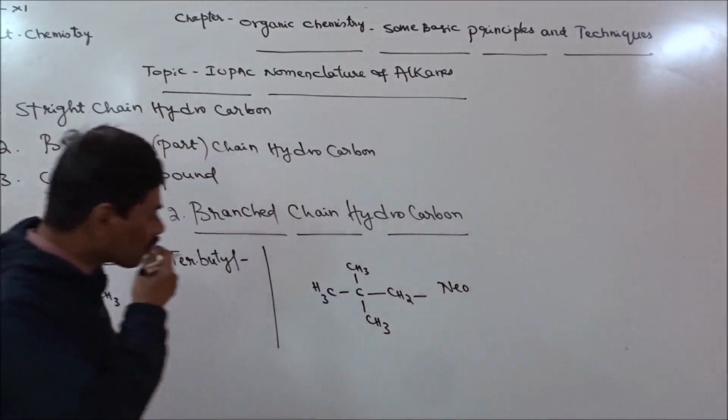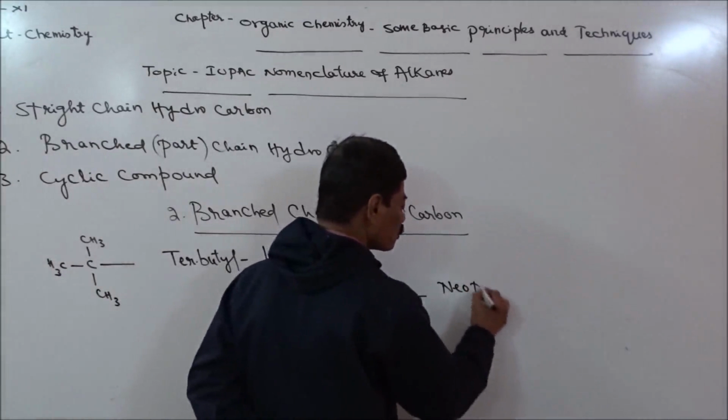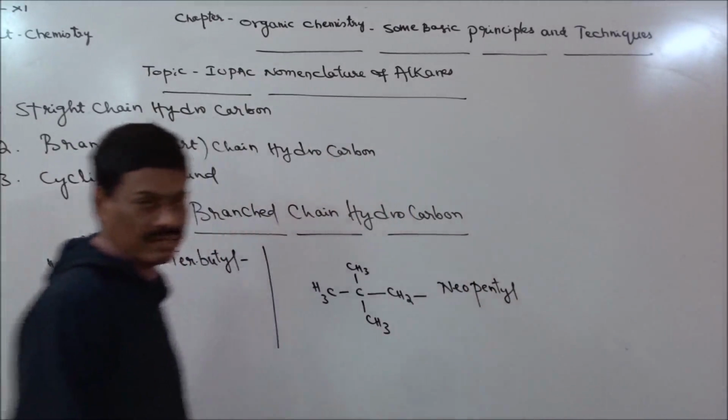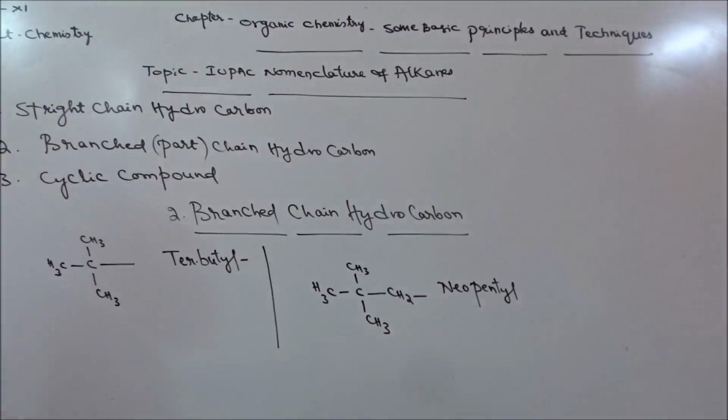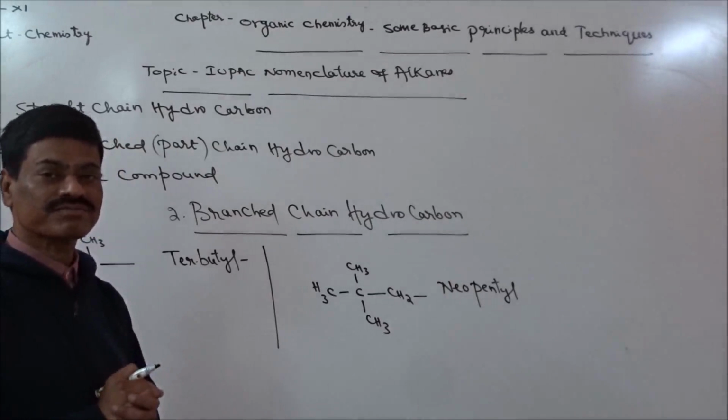And altogether we have 5 carbon atoms in this, so this is neopentyl. So that's about some of the alkyl groups which are slightly complex or branched.